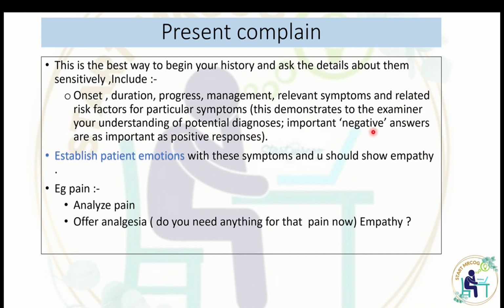Important negative answers are as important as positive answers. Establish patient emotions with these symptoms, and you should start empathy from here. If the pain is, for example, a current complaint, you have to analyze the pain, offer analgesics, and ask her if she had anything for the pain relief right now.